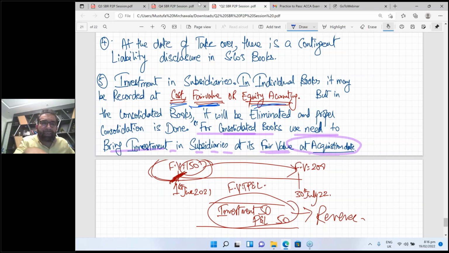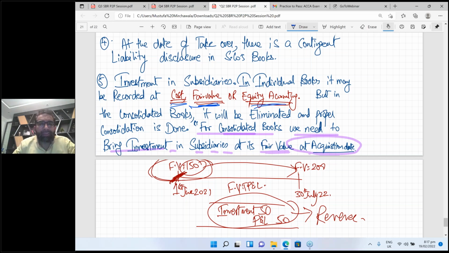But in the consolidated books, it will be eliminated and proper consolidation is done. When you make consolidated accounts, you cancel out investment, and you do complete adding together, right?